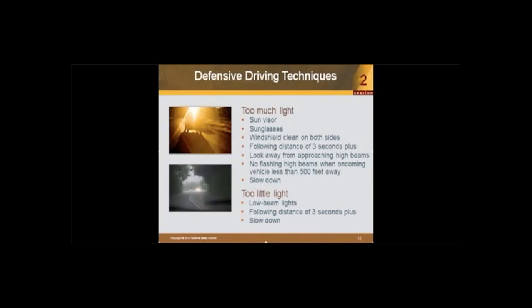What defensive driving techniques can you use when there is too much light and when there's too little light? How about use a sun visor or wear sunglasses? Keeping a following distance. Increase your following distances on cars. If there's a vehicle behind you with high beams, how about move over and let them pass you? Slow down. If there's too little light and you're not able to see, how about slow down? That's always a good answer.